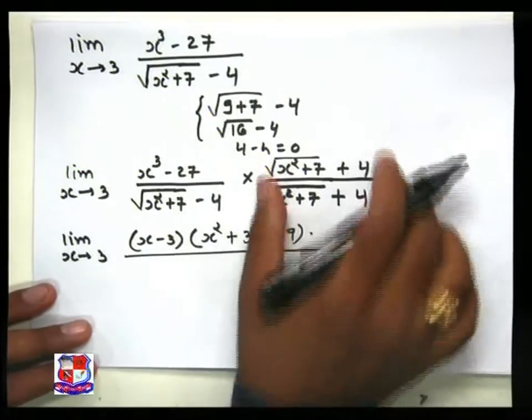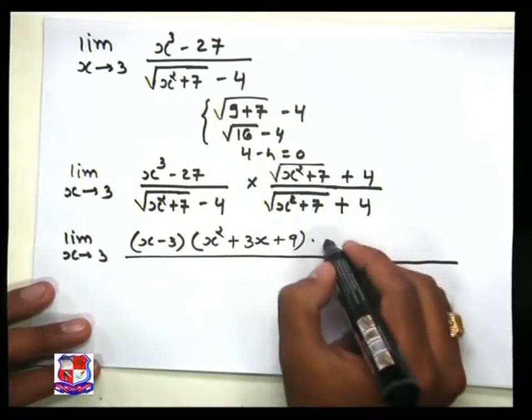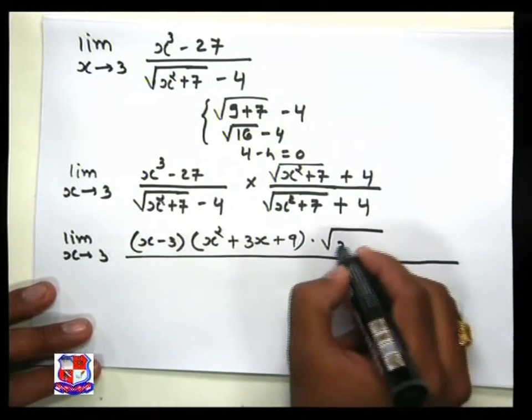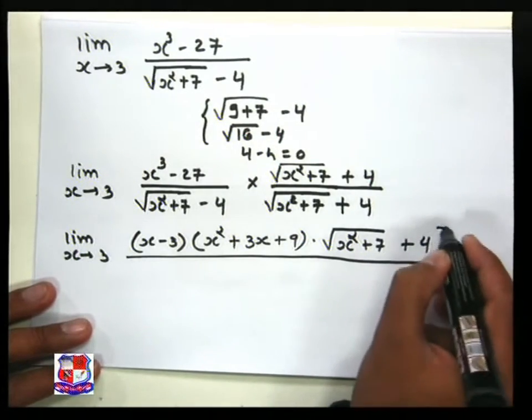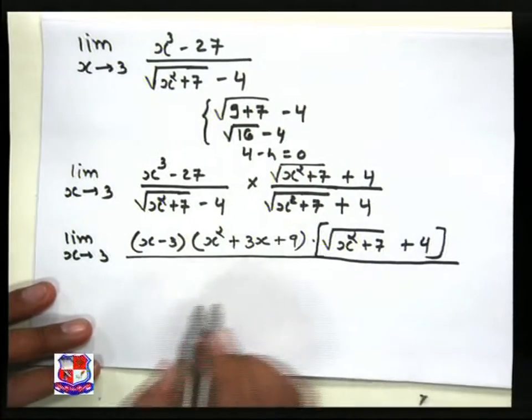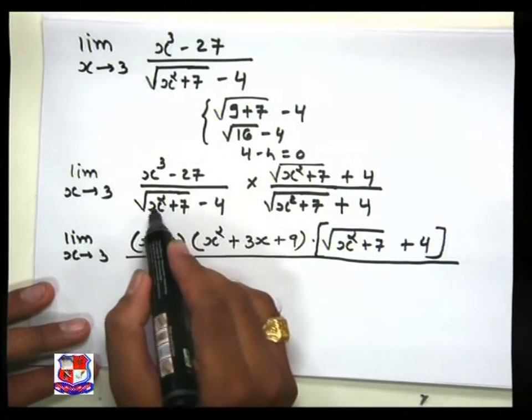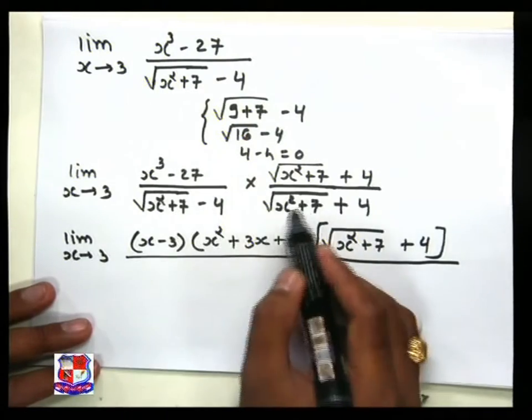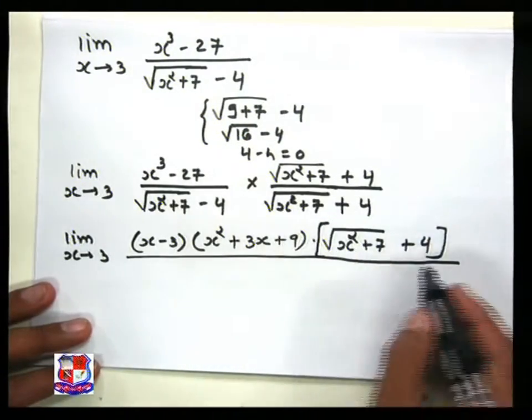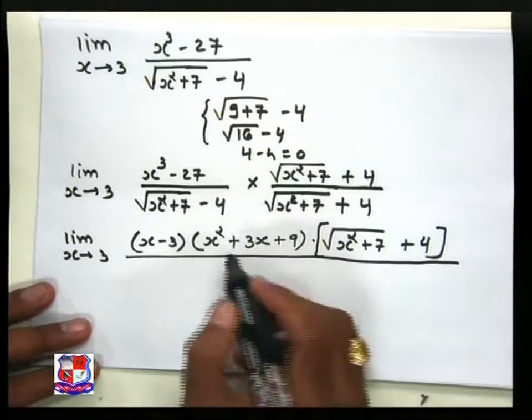Multiply with this term as it is, that is under root of x square plus 7 plus 4. Now here under root of x square plus 7 minus 4, and here under root of x square plus 7 plus 4, that is nothing but a square minus b square term.